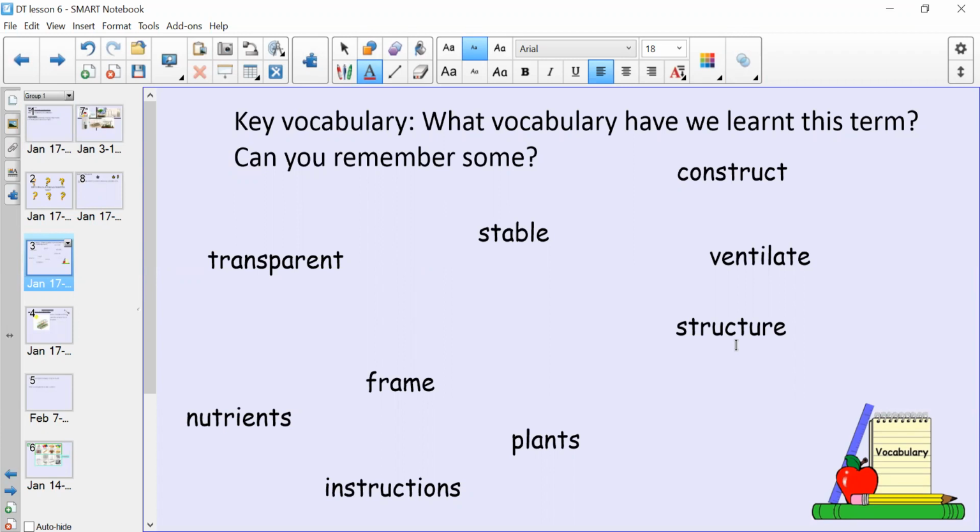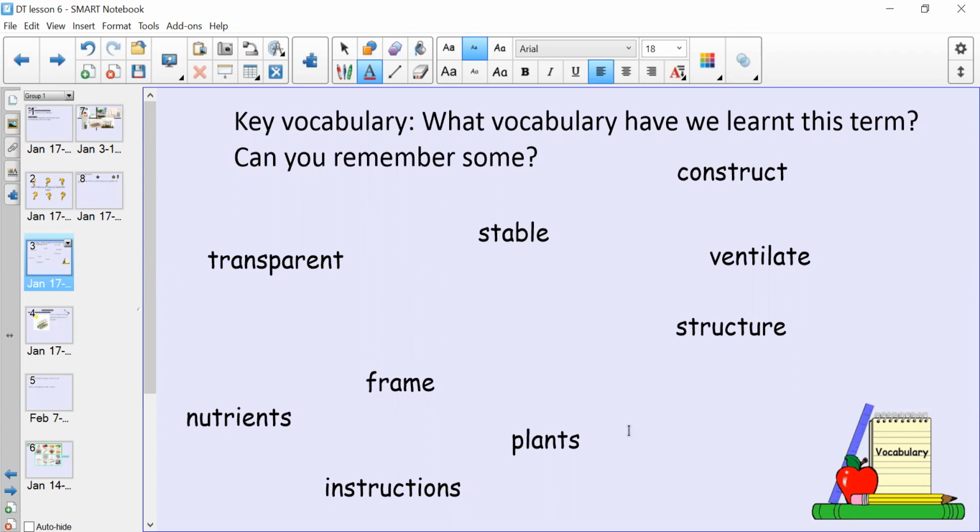Okay, so hopefully you came up with transparent, means that you can see through something. Nutrients is all the food that the plants need to grow in the greenhouse, which is given by the people that look after the plants. So the frame of the greenhouse is what makes it stable. The instructions are what we did last week, where we had to write instructions down to build a greenhouse.